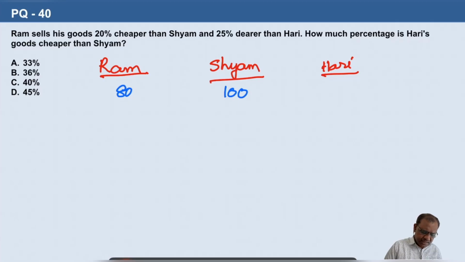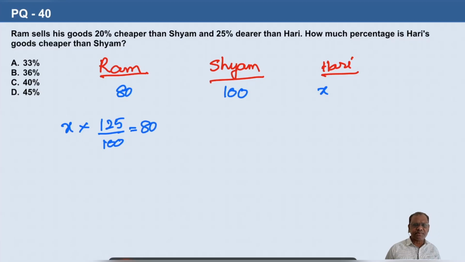So if Hari is X, 80 is 25% more than X. So let us increase X by 25% and equate it to 80. So X into 125 by 100 is equal to 80 because Ram is 25% more than Hari.